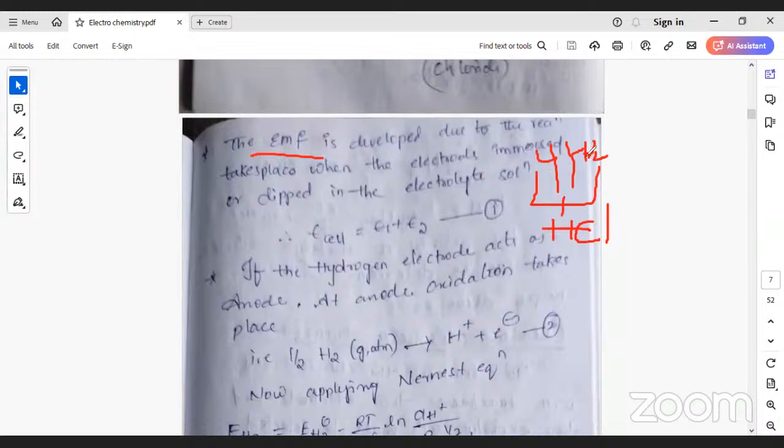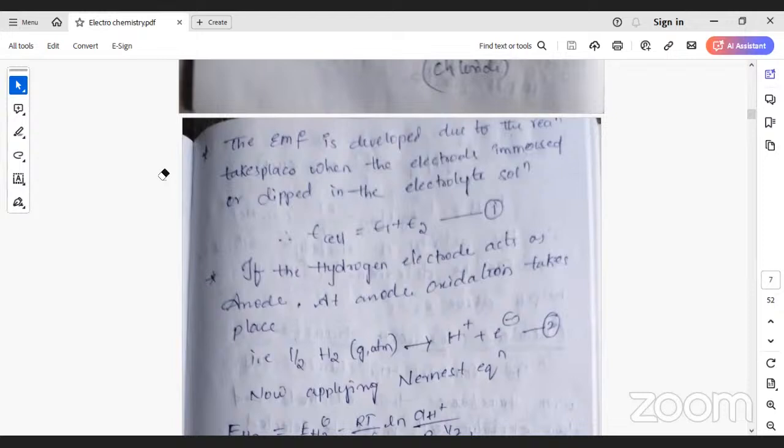So this hydrogen electrode gives the potential E1. The chloride electrode gives the potential E2. The sum of these two will give the total EMF of this cell. Therefore, E cell is equal to E1 plus E2. One electrode is reversible to the cations, the other electrode is reversible to the anions, right?